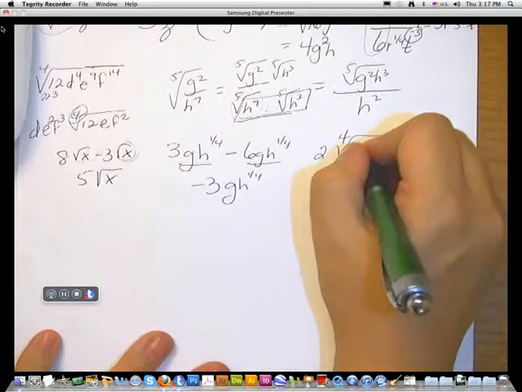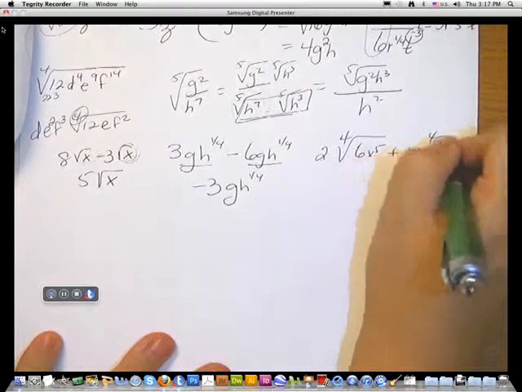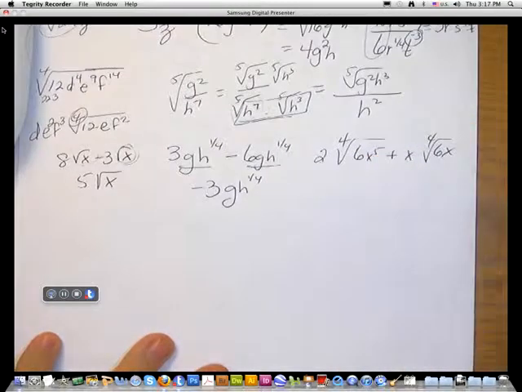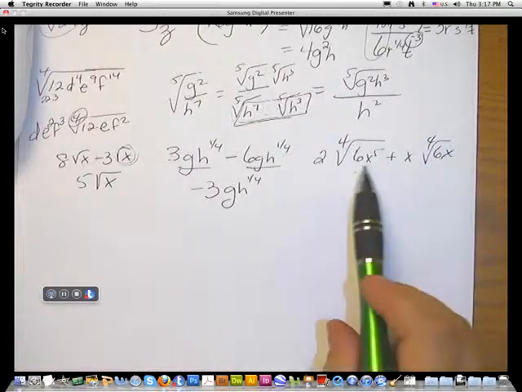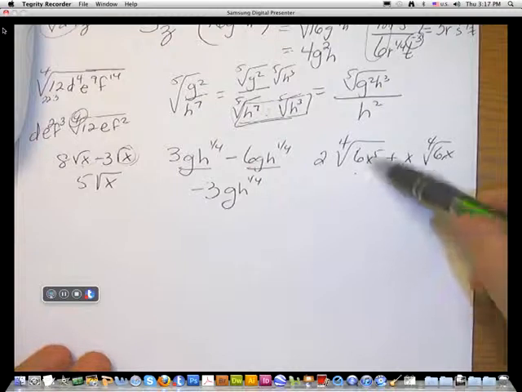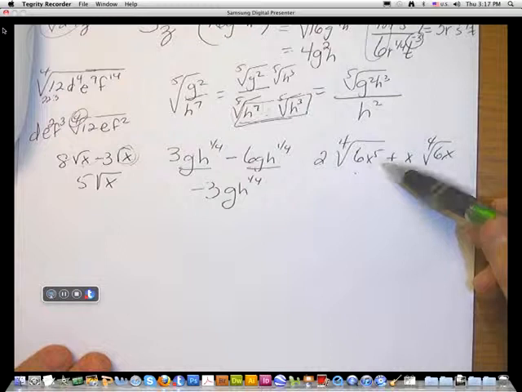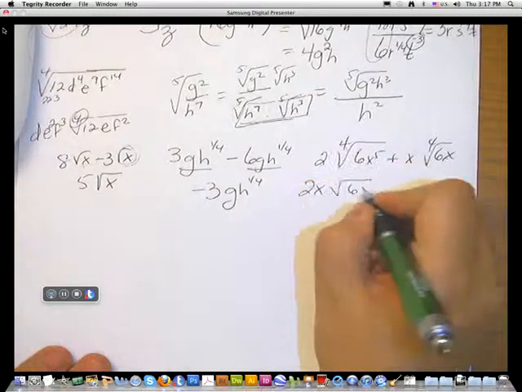2 fourth root of 6x^5 plus x fourth root of 6x. They're not alike. They do have similar parts, but they're not exactly the same, so I can't combine them. I need to consider reducing, and I can. I have 5 of something, and I only need 4, so that means I can take 1 out, because 4 goes into 5 one time, and it leaves 1 over.